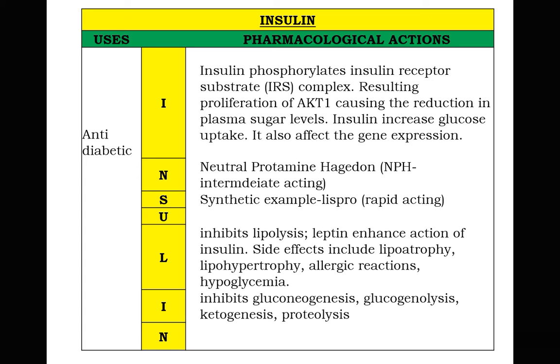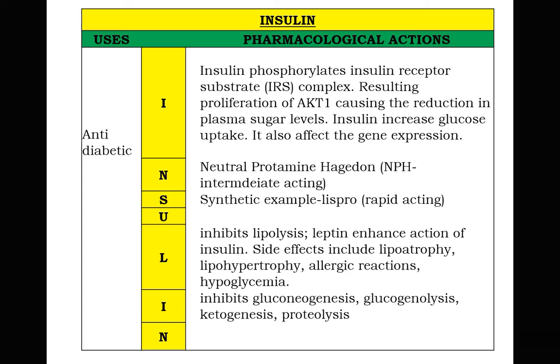Side effects of insulin include lipoatrophy, lipohypertrophy, allergic reactions, and hypoglycemia. Hypoglycemia is common with insulin administration. Why?